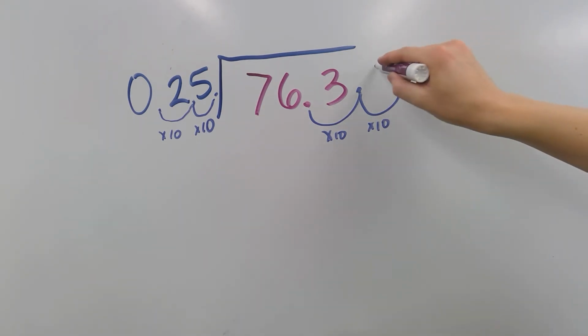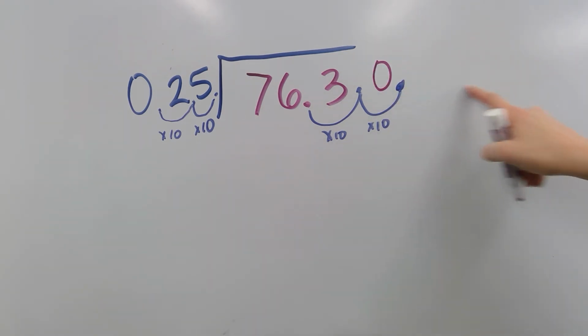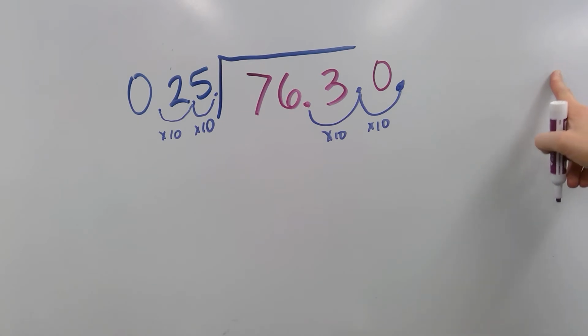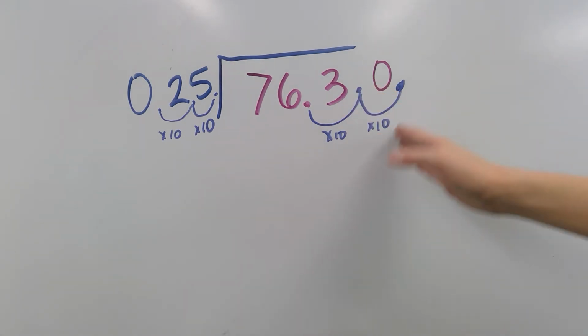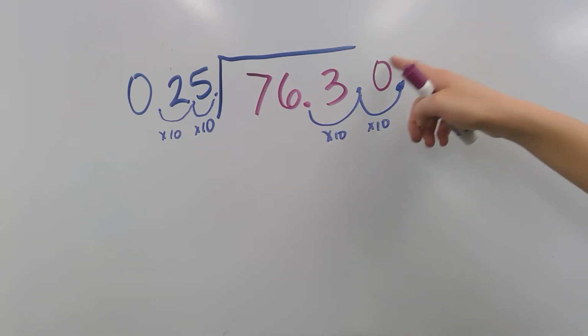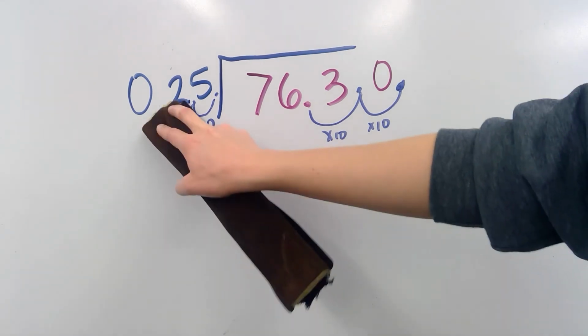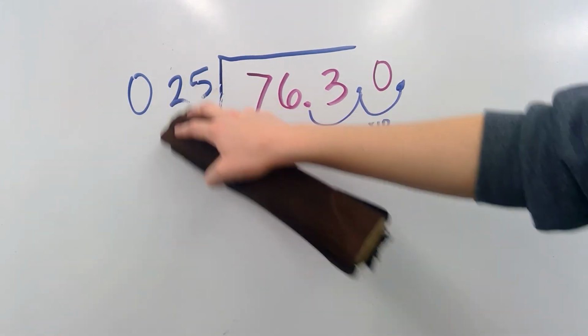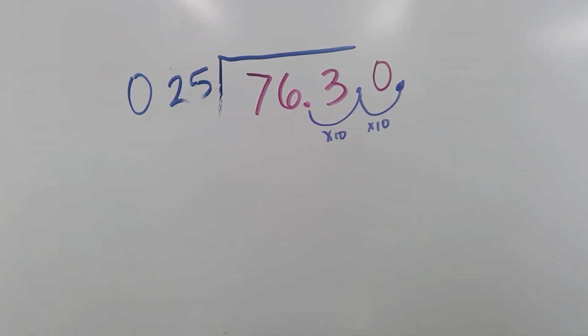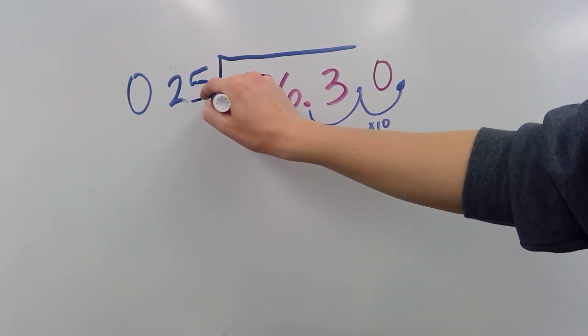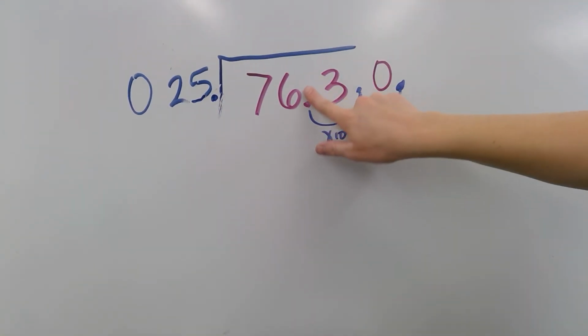Well, I have to put a placeholder 0, because remember, we've got infinity zeros after our number. So if we have shifted the decimal, it just means we've shifted the number up by a place value, and we now have a 0 at the end. So I'm going to erase these extra marks. And I'm just dealing with 25 decimals at the end.